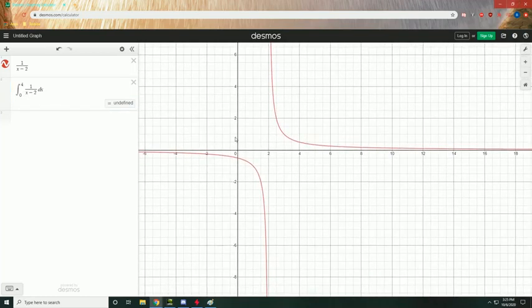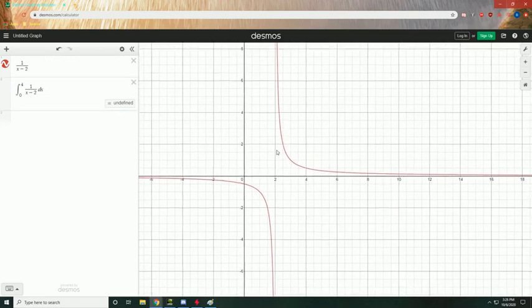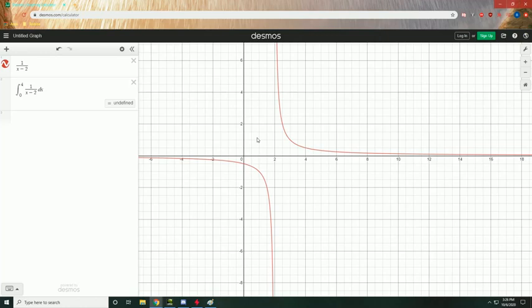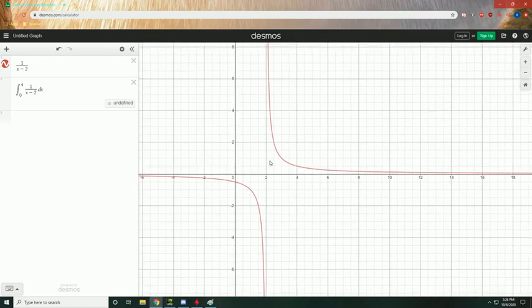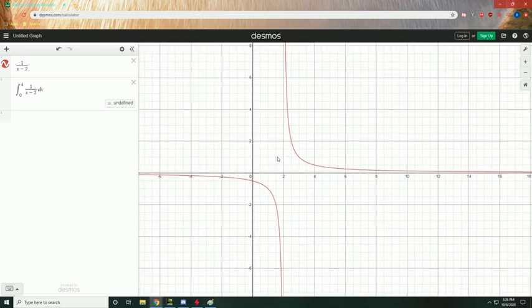Now, if you remember what I said in our last example, the only way this function would not be improper is if we're dealing with numbers that aren't within this discontinuity. An example would be, let's say, from 0 to 1.